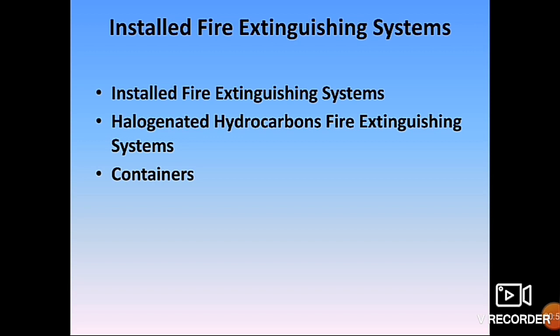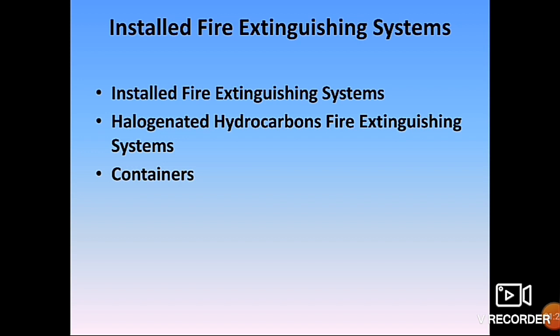High rate of discharge systems use open end tubes to deliver a quantity of extinguishing agent in 1 to 2 seconds. The most common extinguishing agent still used today is halon 1301, because of its effective firefighting capabilities and relatively low toxicity.